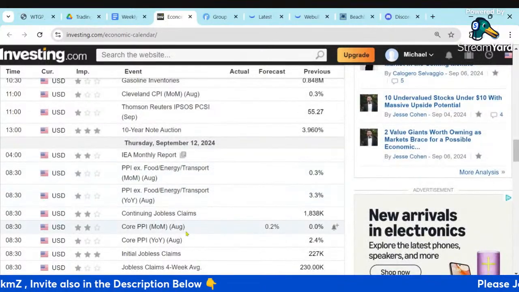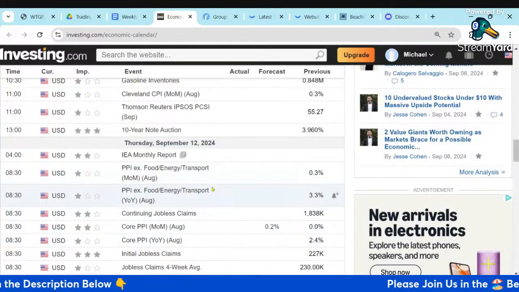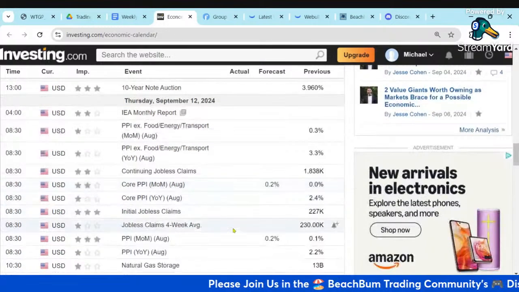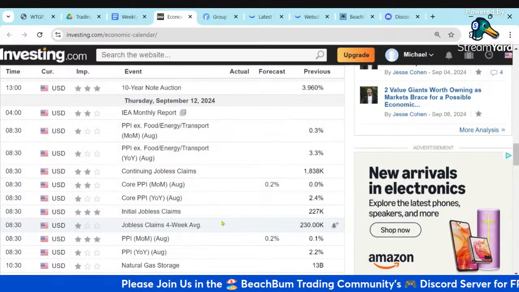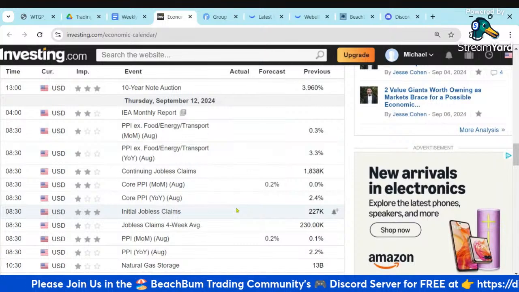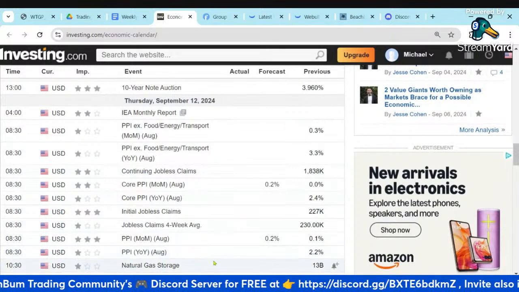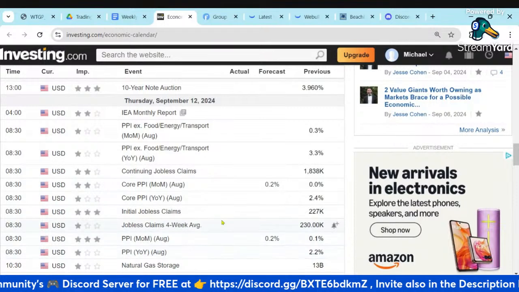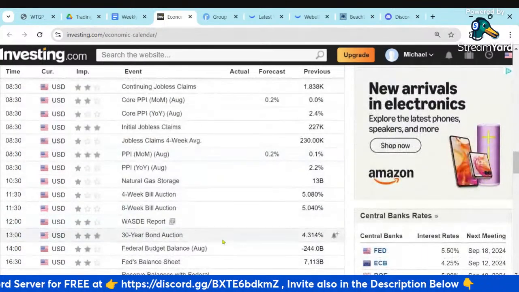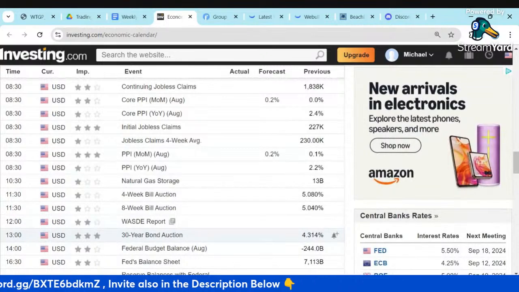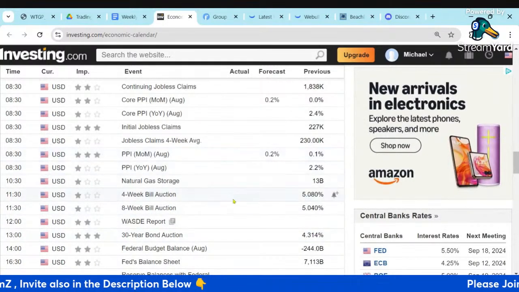Thursday, we get PPI data. So we're getting the supplier inflation after the consumer inflation data. Same thing, markets will want to see that inflation on the front end of the curve is coming down. We get another read on initial jobless claims, continuing claims, etc. We'll see if that continues the trend of slightly stable.